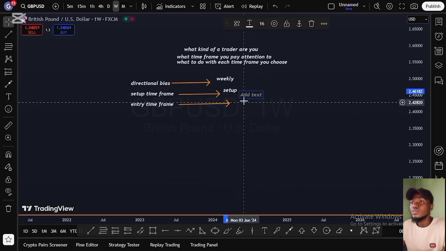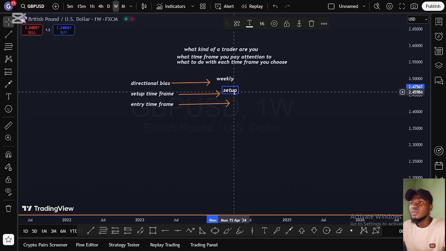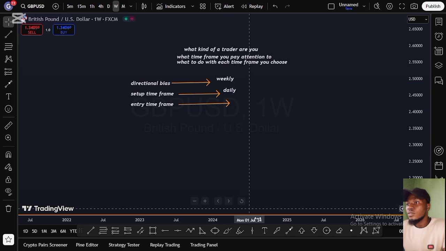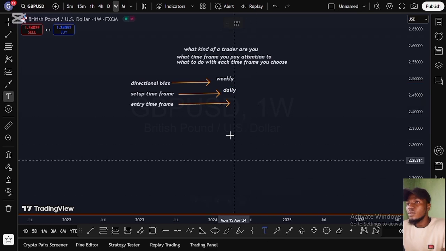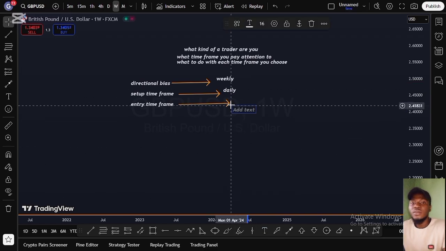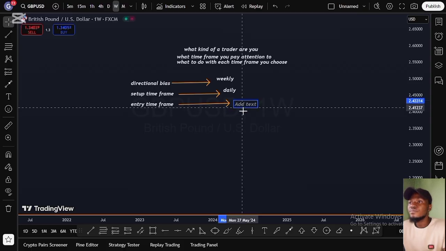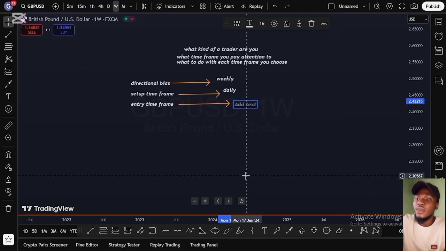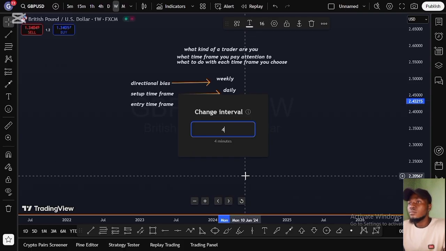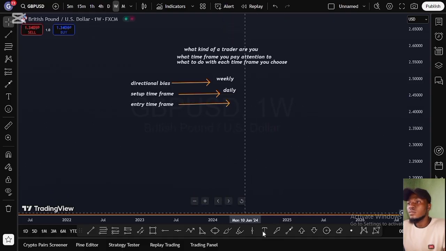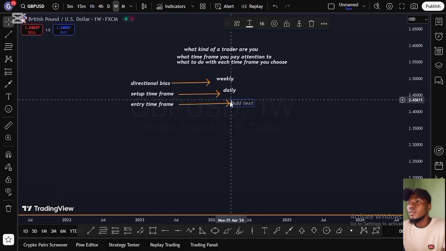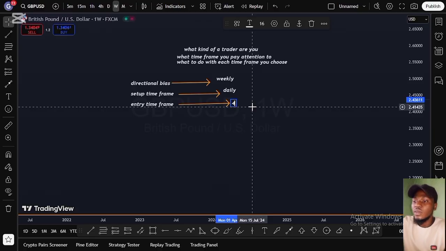Oh, this is supposed to be the daily, it's an error. So the setup is the daily, and this will be my 4 hour.